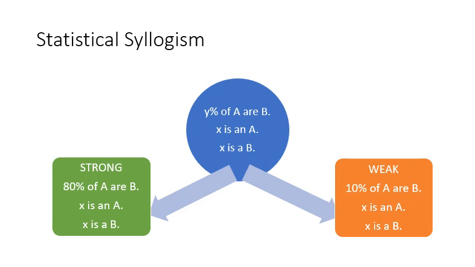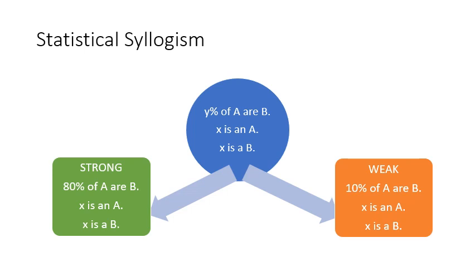Look at the blue circle here in the middle. In the middle we have a basic statistical syllogism pattern: y% of A are B, X is an A, therefore X is a B. The line here at the bottom is the conclusion.